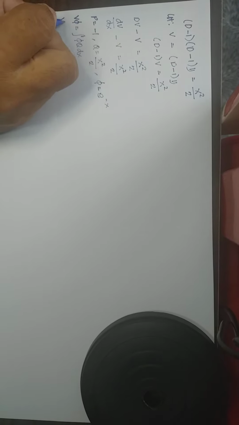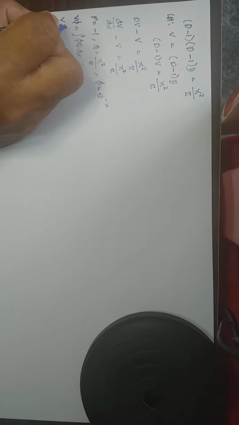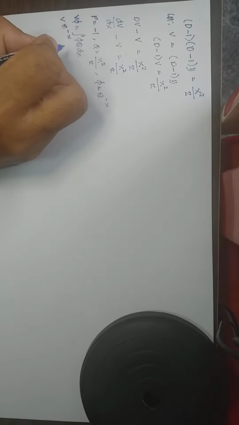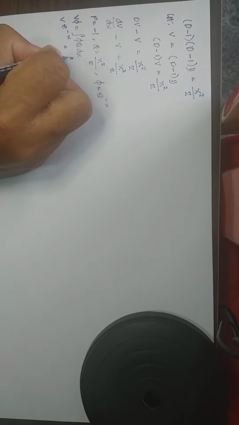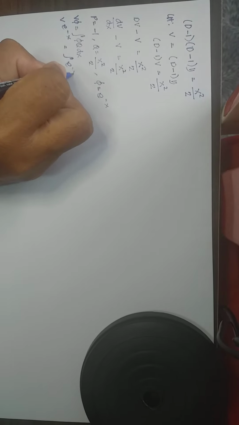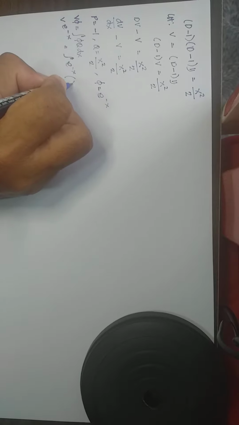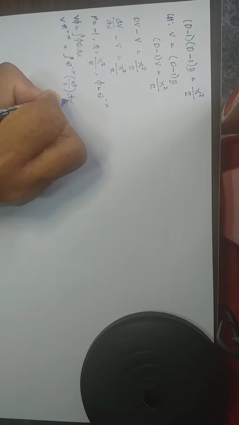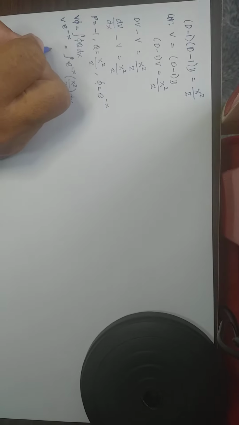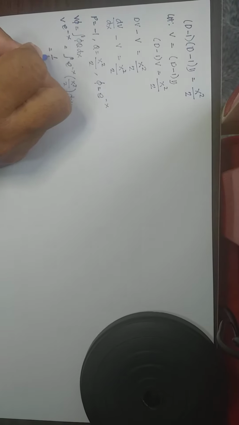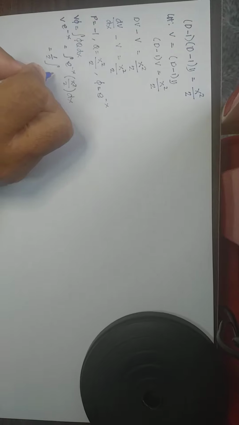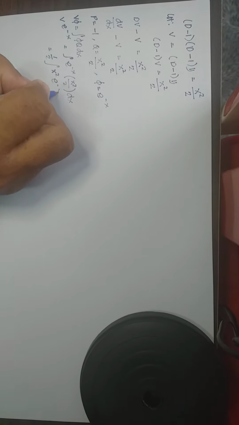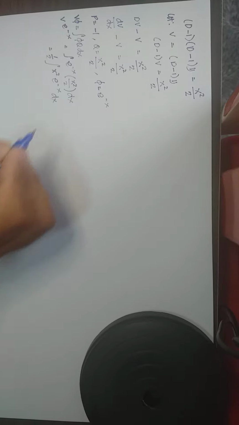So we have v e to the negative x is equal to the integral of e to the negative x times q, x squared over 2 dx. Or we may rewrite this as 1/2 the integral of x squared e to the negative x dx.